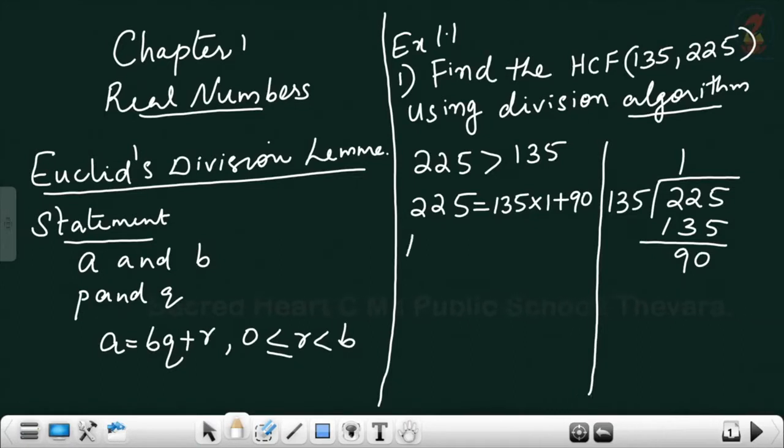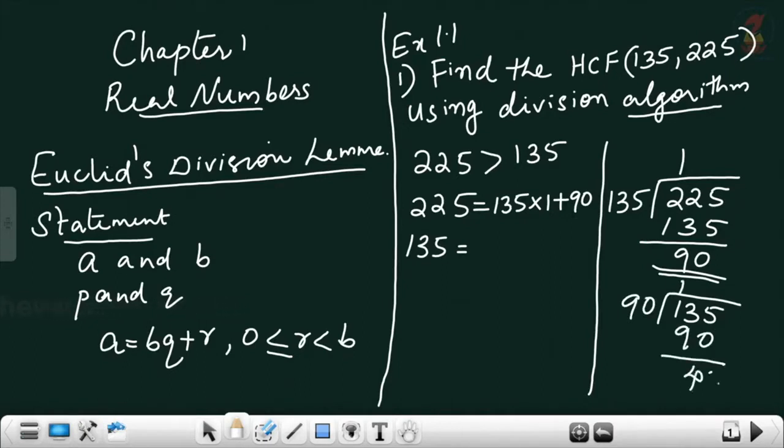Next, we have to write 135 in terms of 90. 135 divided by 90, one time 90, so the remainder is 45. We can write 135 as 90 into 1 plus 45.